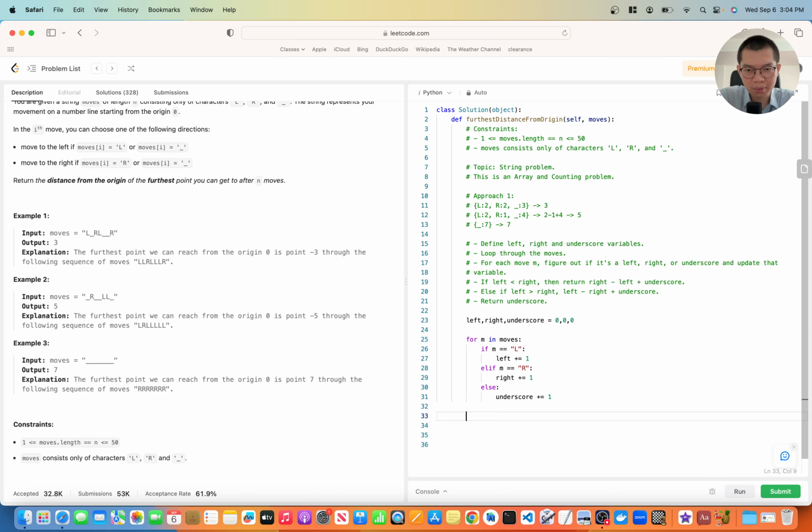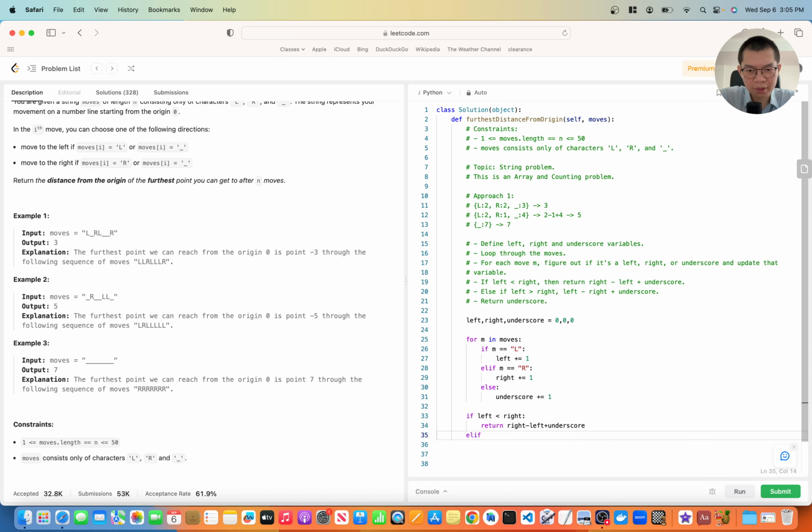If left is less than right, then you know that you should return right minus left plus underscore.